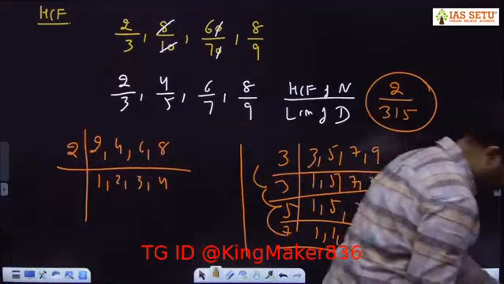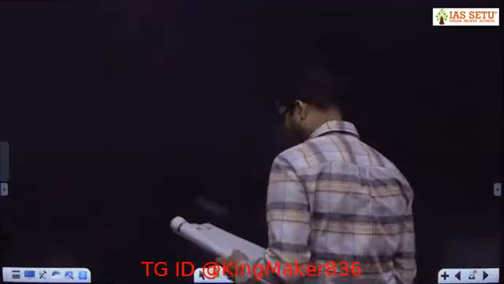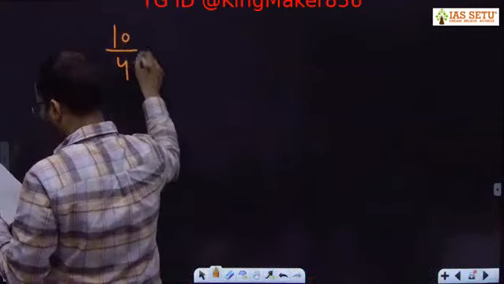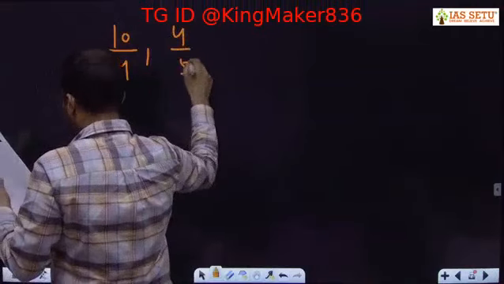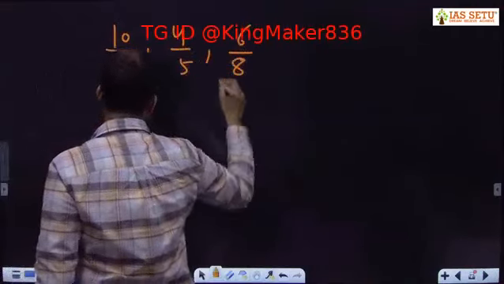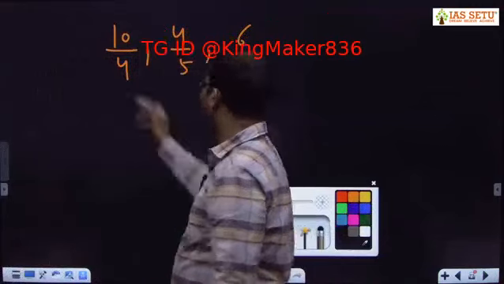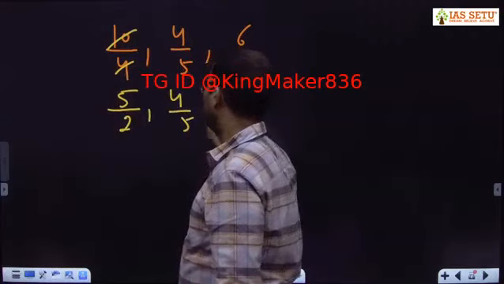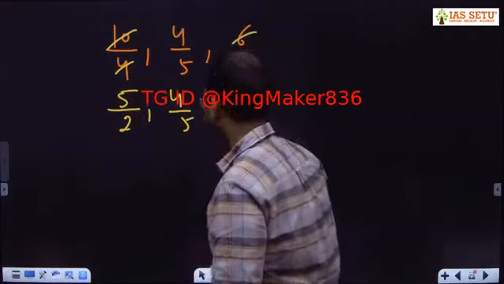Let me take one more question. 10 by 4, 4 by 5, 6 by 8. So I simplify. This is 5 by 2. This is 4 by 5. This is 3 by 4.